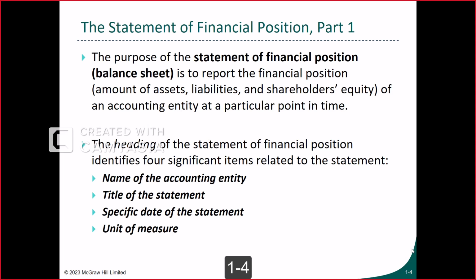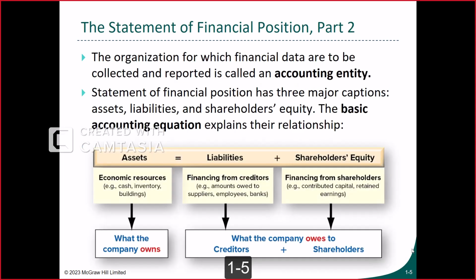So for your project, for example, you're likely to select a big company. Make sure to select a big company for your group project. Usually those companies will publish their financial statements in millions or billions of dollars, not in single dollars.